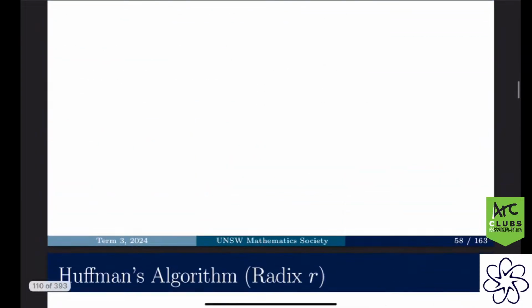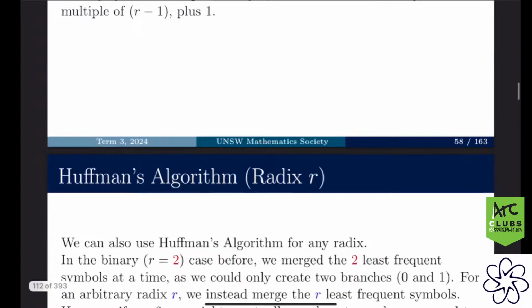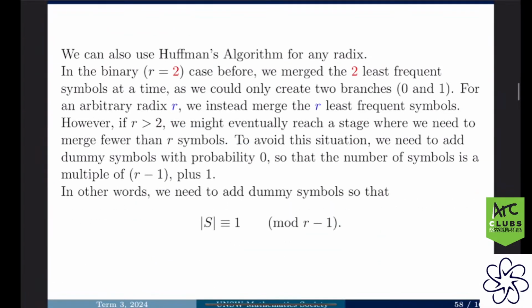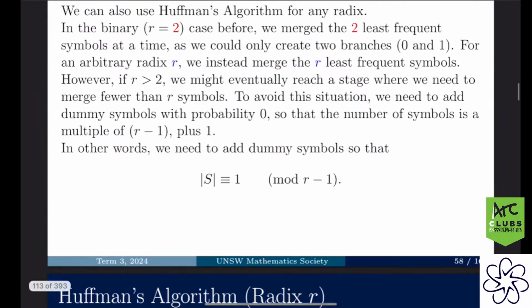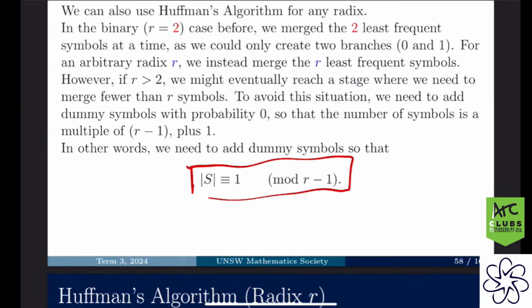Going through this, radix R is very similar to what we were doing before, where we had radix 2. But in this case, we actually have to add dummy symbols such that the number of symbols that we have is equal to 1 mod R minus 1. This is kind of pretty easy to see. Let's say we had some set of source symbols. And now at the next step in our algorithm, we're going to have fewer symbols.